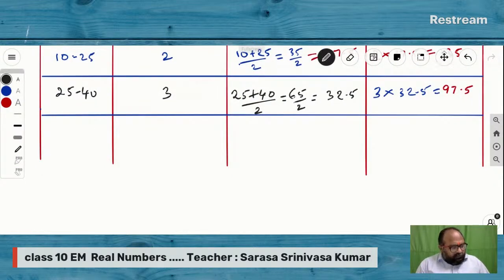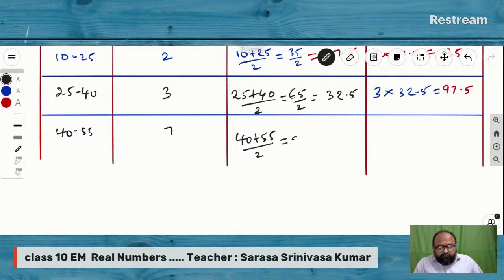Now next column is 40 to 55. How many students are there? 7 students are there. Now xi is calculated by upper class limit plus lower class limit by 2. That means 40 plus 55 by 2. This is equal to 95 by 2, equal to 47.5.